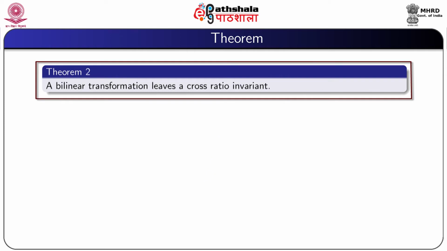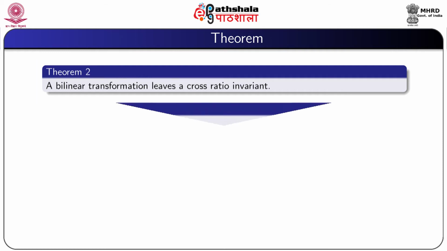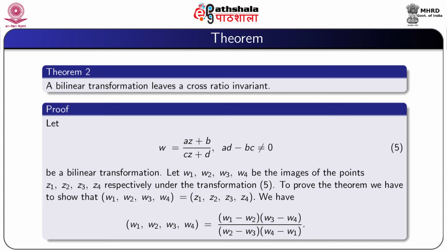So, now we prove a result: a bilinear transformation leaves a cross ratio invariant. Let W equal to (Az plus B) by (Cz plus D), AD minus BC not equal to 0, be a bilinear transformation.